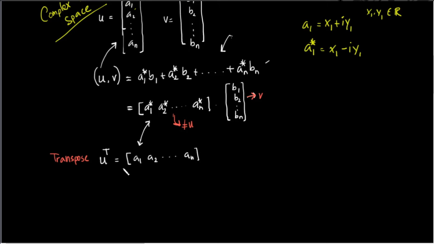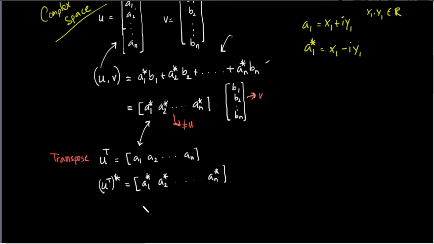So to make this vector, we need to do the complex conjugate of the transpose matrix. Then we will get a1 conjugate, a2 conjugate, dot dot dot, an conjugate.